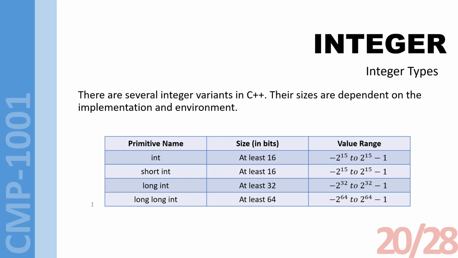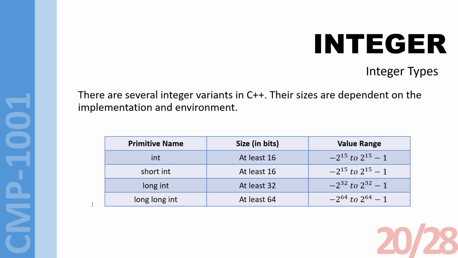Unfortunately, there are no fixed sizes in C++ for these types of variables. Instead, there are rules like the integer must be at least 16 bits long, but it can be 32, it can be 64, depending on your operating system, your computer's hardware, and even the compiler that you are using. Short int, same, at least 16.